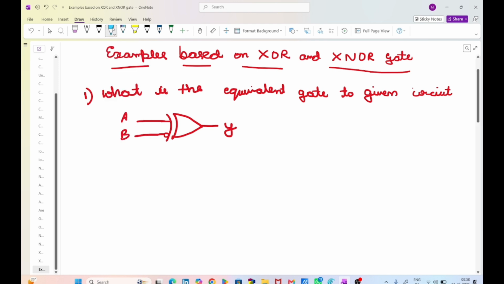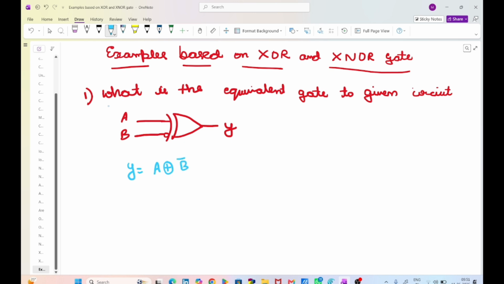We need to find what is the equivalent gate to the given circuit. You can see that this is A, this is B bar. We know that this is the XOR gate, Y is equal to A XOR B bar.